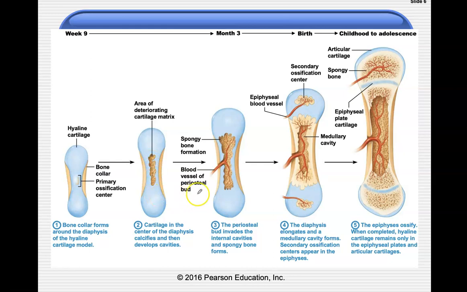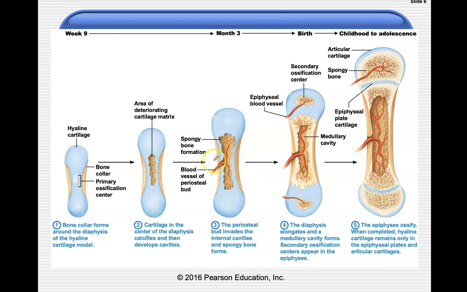And then what happens is blood vessels really start to invade now. So this is what we call the periosteal bud, which will eventually become the nutrient foramen and the nutrient artery. But that blood vessel from the periosteal bud that becomes the nutrient artery invades this internal cavity, and where that cartilage was deteriorating, it's going to form spongy bone.